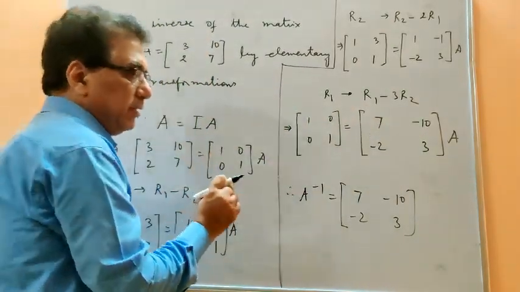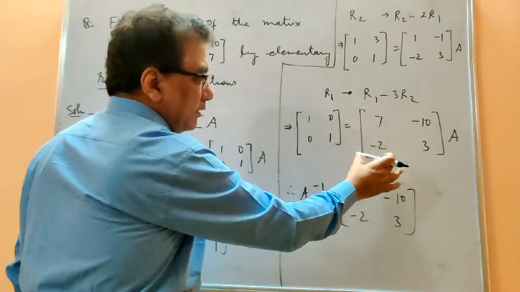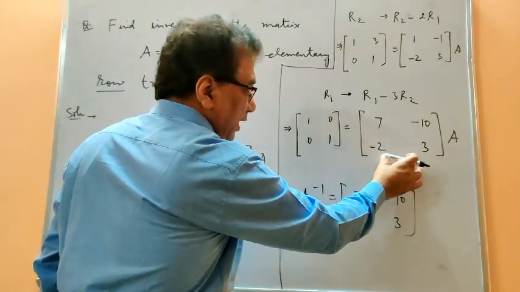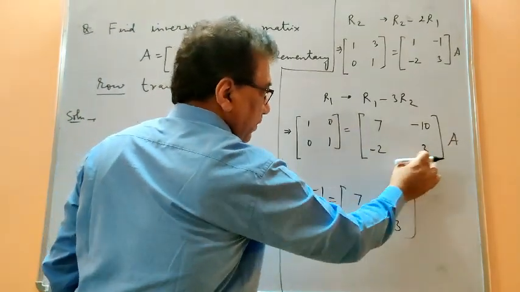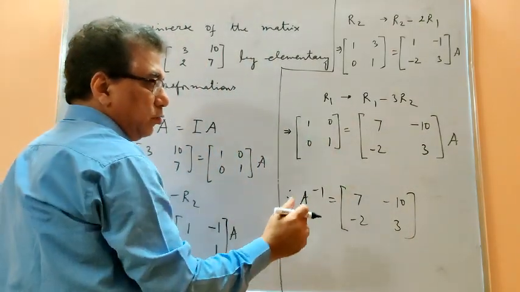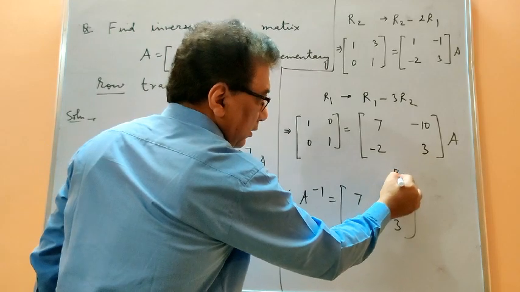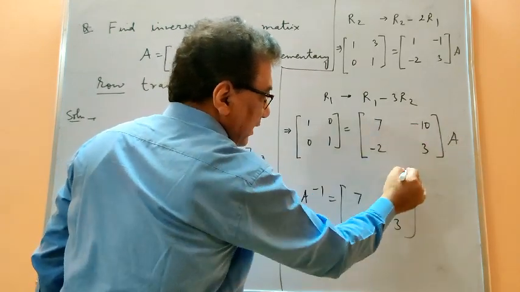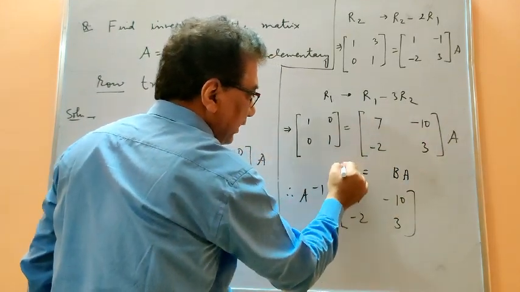Now what we find is that the product of this matrix and this matrix is the identity matrix. So what does the rule say? If I take this one as B and this one as A, what is the result? Identity.